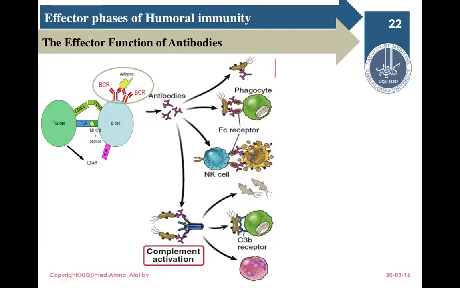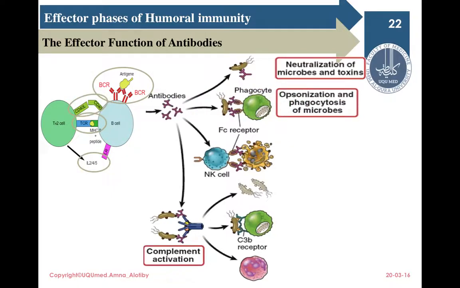More importantly, the first thing is these B cells will receive the antigen with the help of BCR, then they will present the antigen to the T cells through MHC class 2, and then there will be co-stimulation through CD40 ligand, and the cytokines will be produced. The antibodies then in turn can cause neutralization of microbes and toxins, and they can also cause opsonization and phagocytosis of microbes.